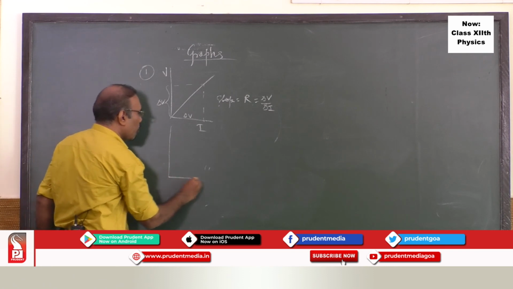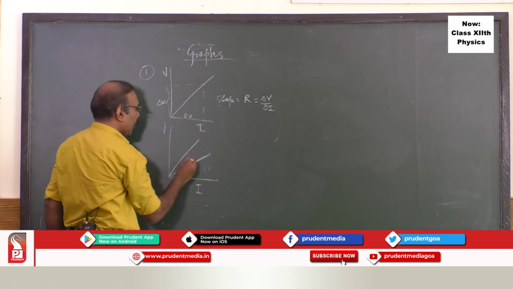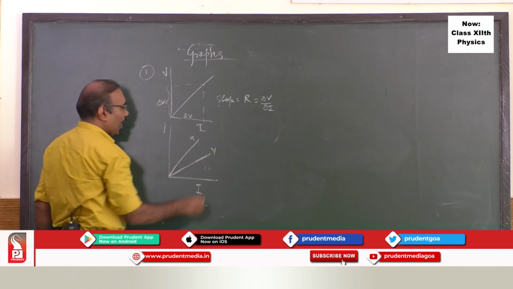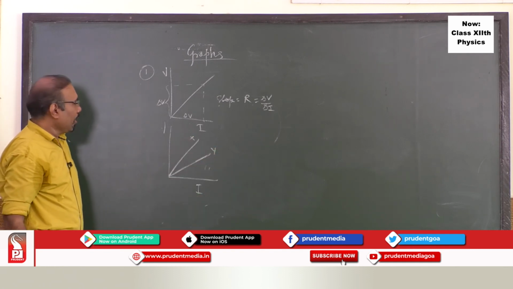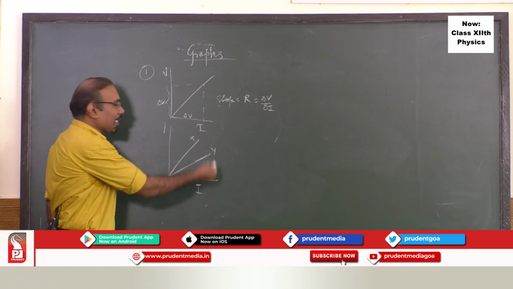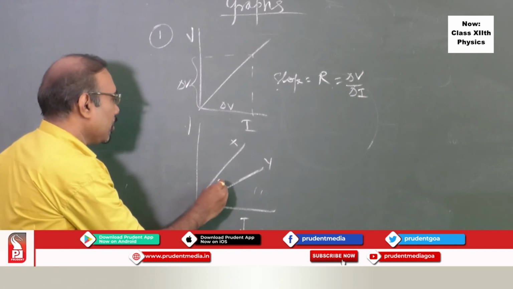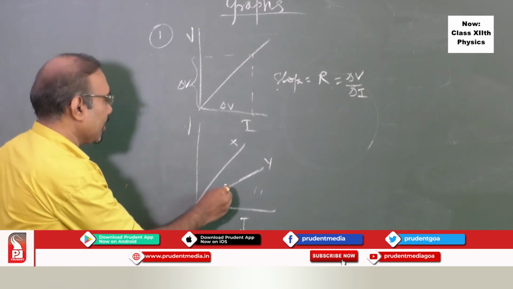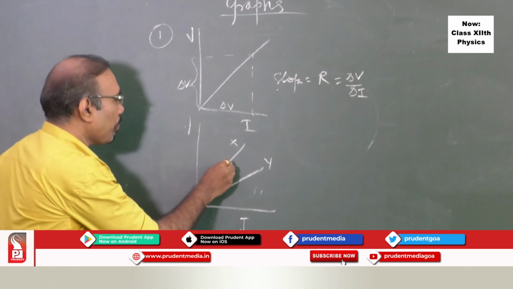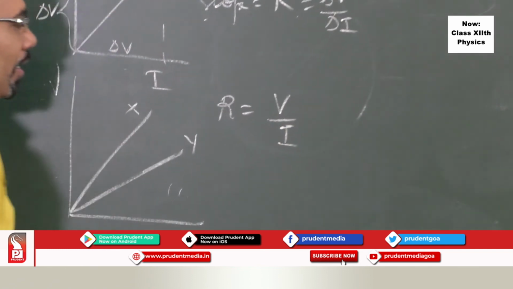So if I have two conductors on a V versus I graph, X and Y of the same material, which conductor has a greater resistance can be found using the formula R equals V upon I.